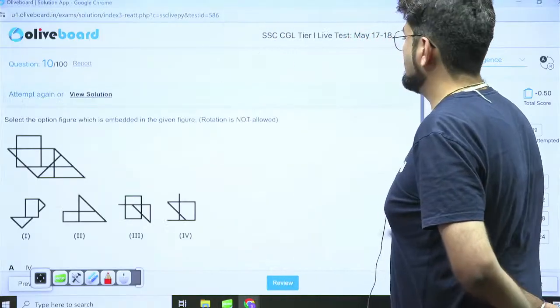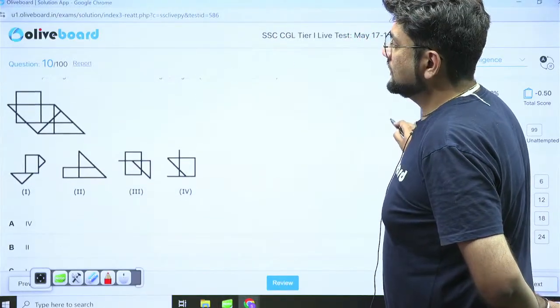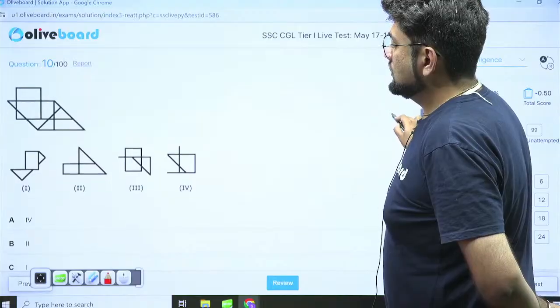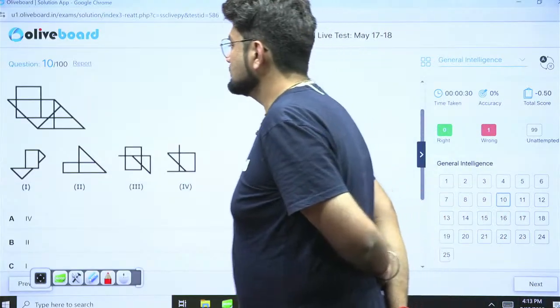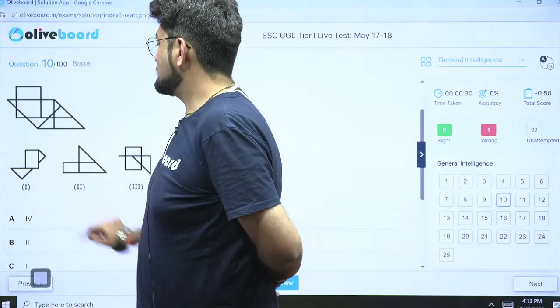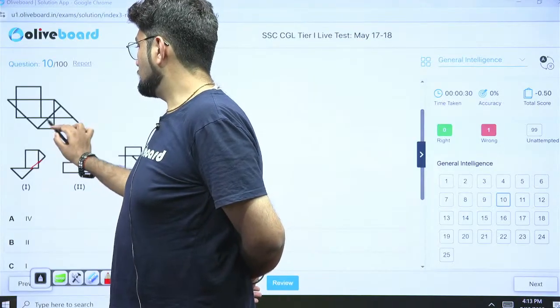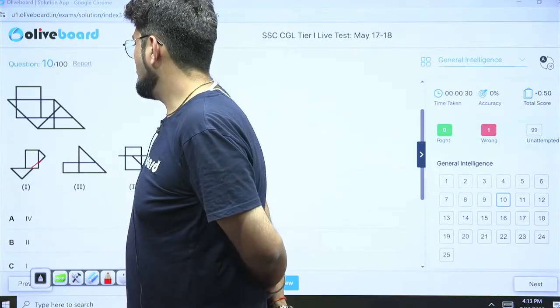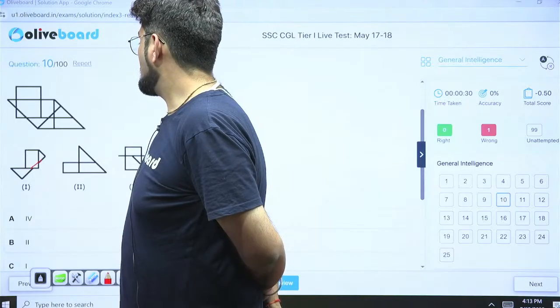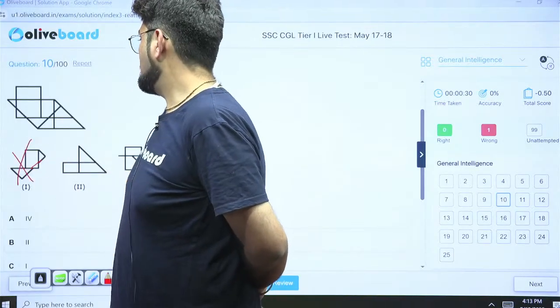Question number 10. Embedded figure. No, this is not cutting here. Can you see? This is not cutting here. So this will not be embedded. Okay, we cannot cancel the line. So this will not be it.